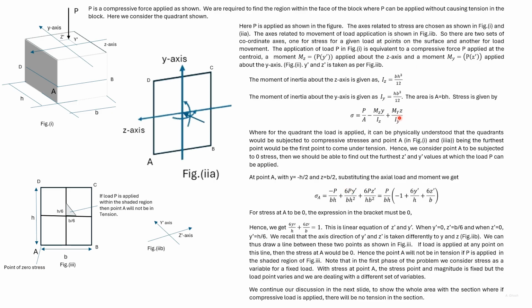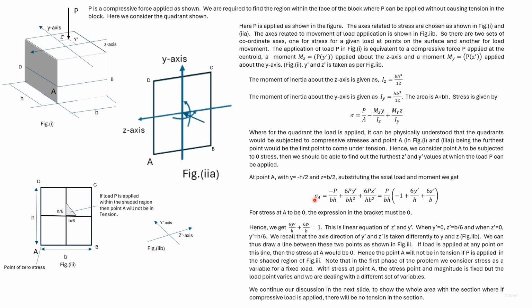Similarly, we substitute My, z and Iy to get the third expression. We then take P divided by b h out of this expression and have this part: minus 1 plus 6 y dash by h plus 6 z dash by b within the bracket.